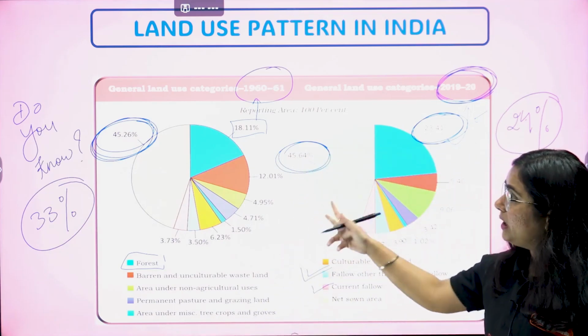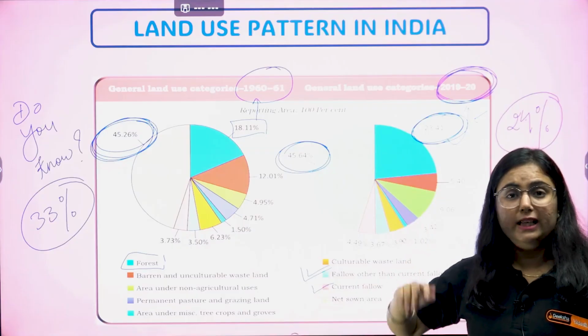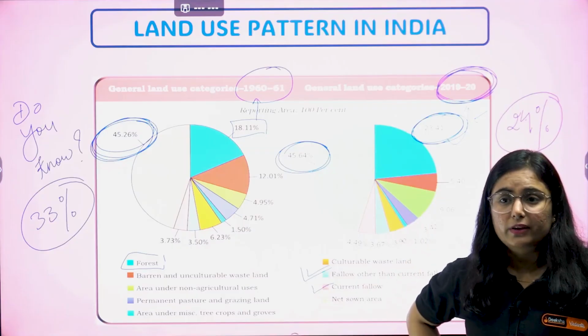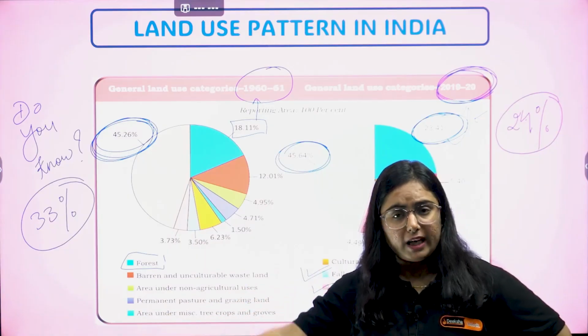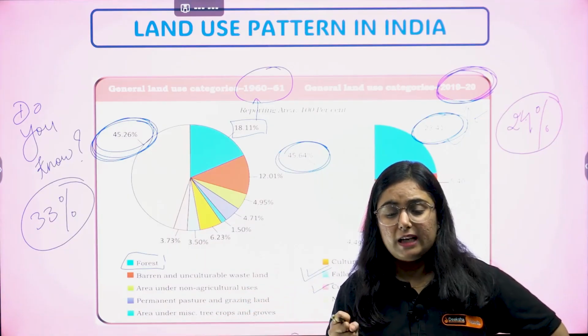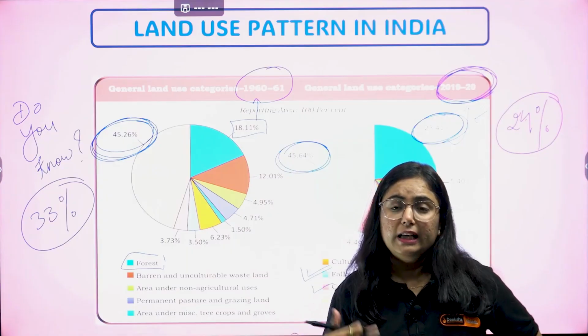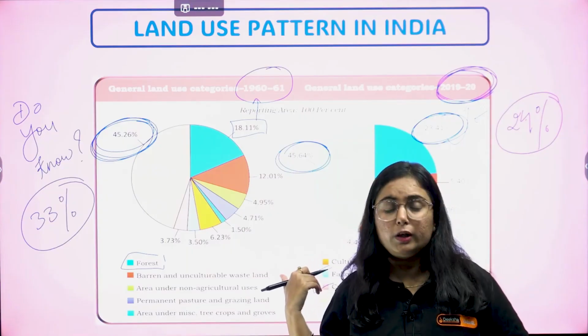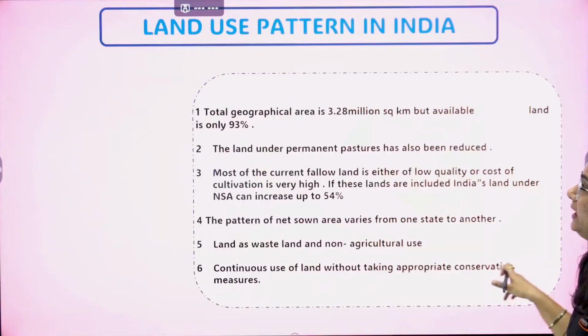So will that be enough for the nation? Will that not be a negative impact? It is, right? We have not fulfilled the parameter in terms of forest, right? There is no growth, no more land added in net sown area, right? Other than that, fertile land is decreasing continuously.